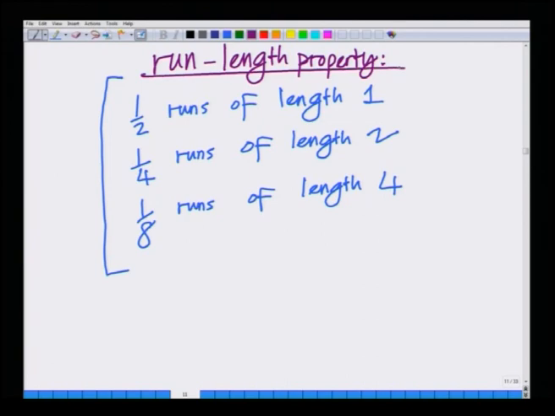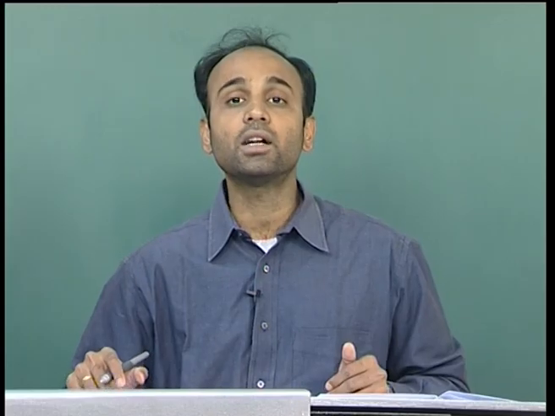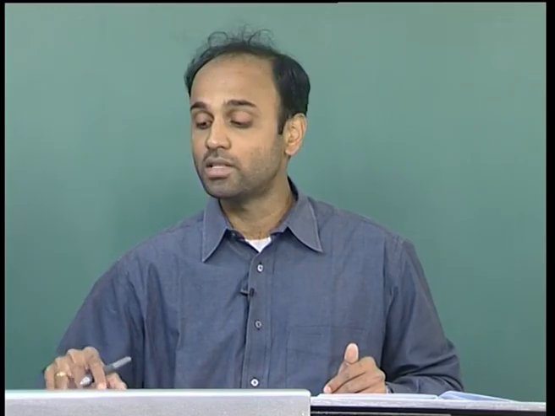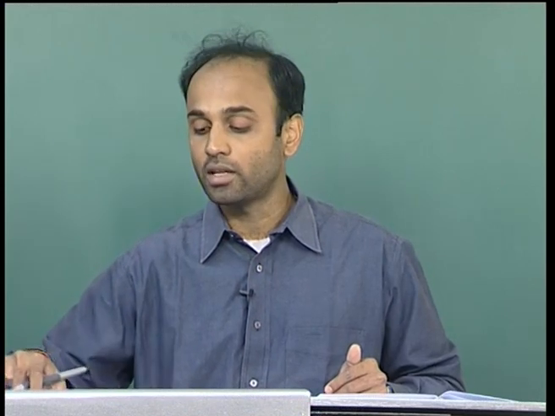The earlier property that we have seen, that the number of plus ones and minus ones are balanced, is known as the balance property. We called it property 1, but that is also known as the balance property. The second property is known as the run length property of the PN sequence. Any PN sequence that is generated by the linear feedback shift register obeys this run length property. And the third property is the most important property of PN sequences, which is known as the cyclic shift property.